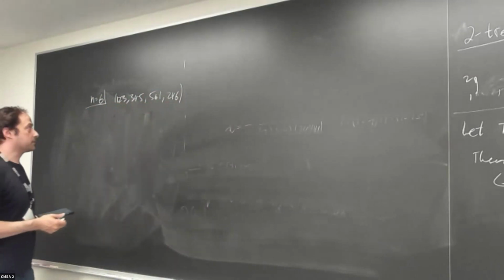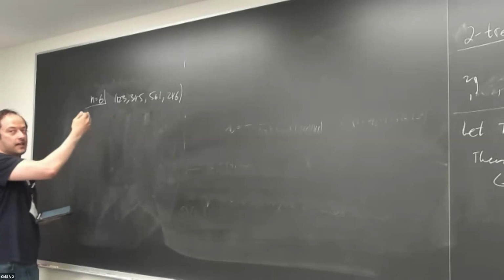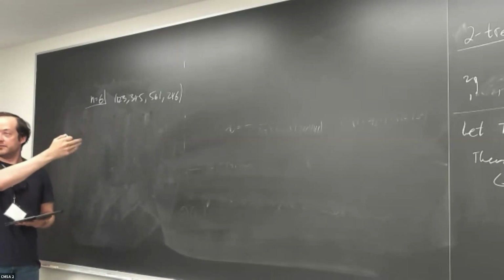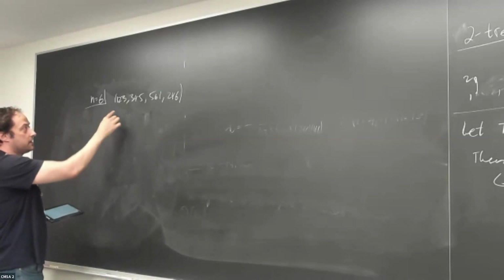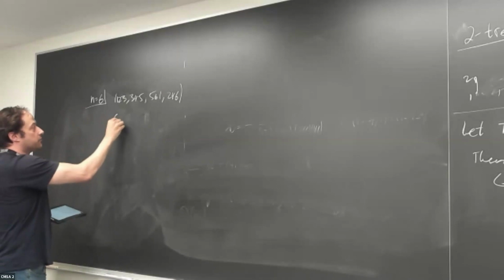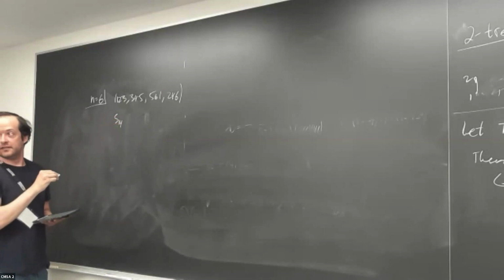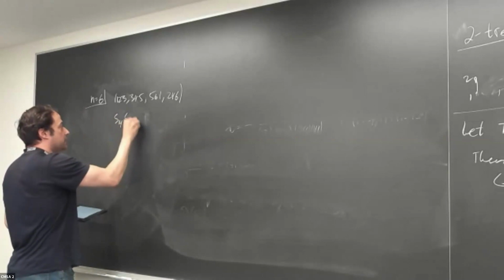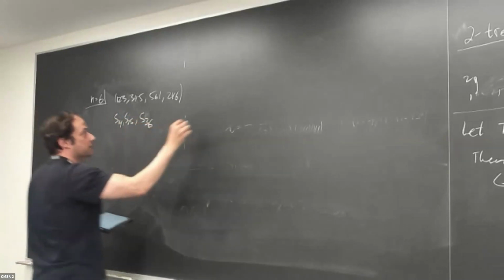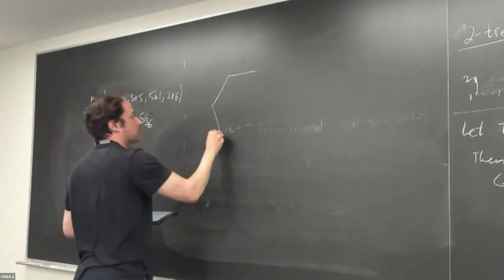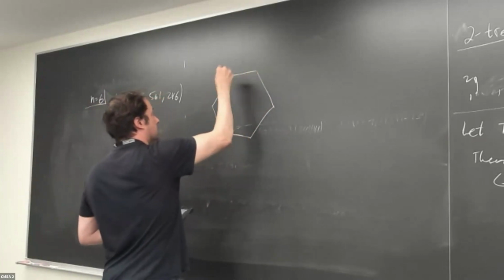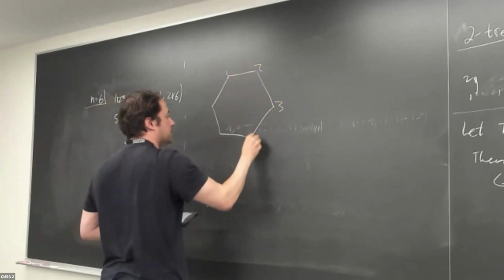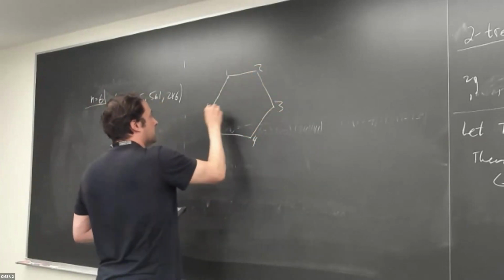You can say, well, I'm going to set every edge that does not appear in here to 0. Which ones are not in here? I think S14 is not. 2, 5, 3, 6. Let me get the structure here: 1, 2, 3, 4, 5, 6.